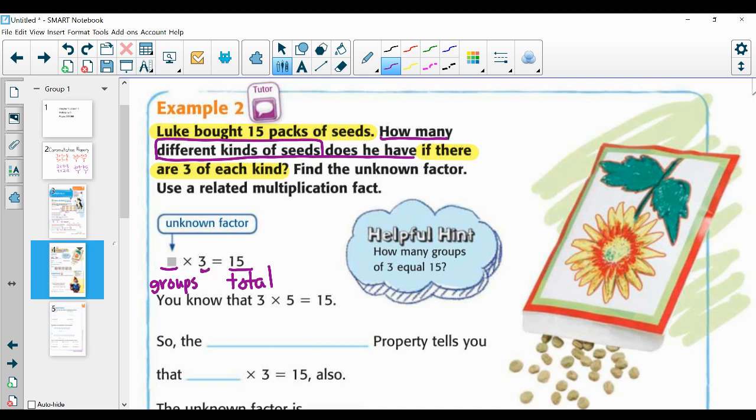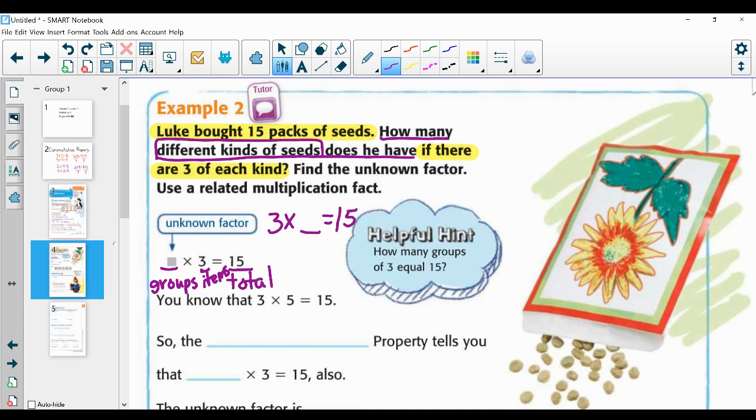And these are items in each group. I'm running out of space. Items, groups, items, total. So we know if we use the commutative property, we know that we can switch them around to 3 times something equals 15.